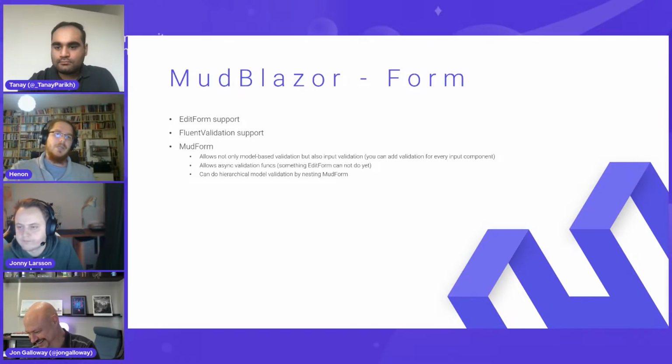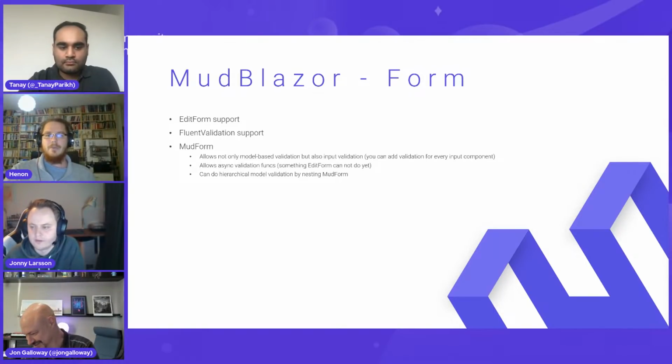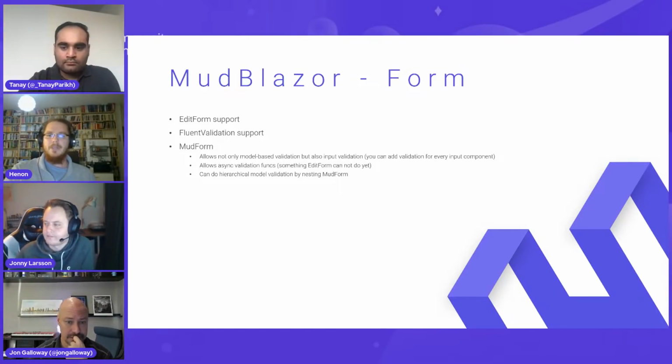That was the idea behind MudForm. But later we discovered that edit form doesn't really do async validation, and that was the point where we said, okay, now let's add model-based validation also to MudForm, and thanks to a contributor who implemented this, we now have that.